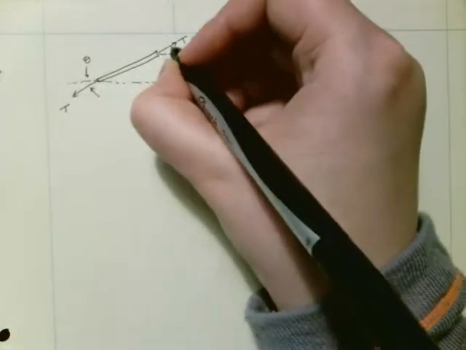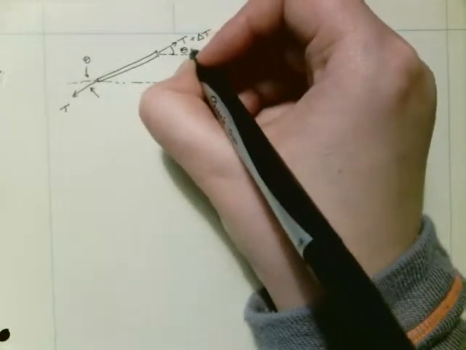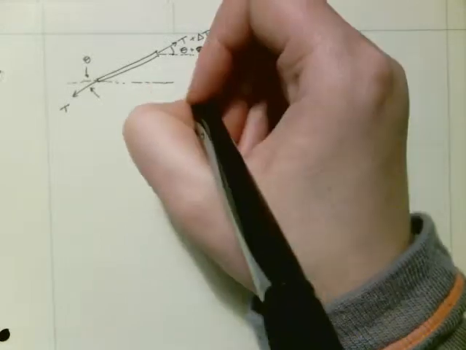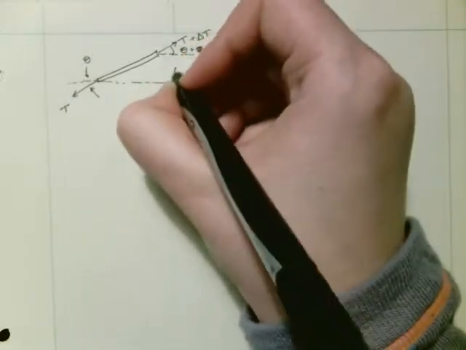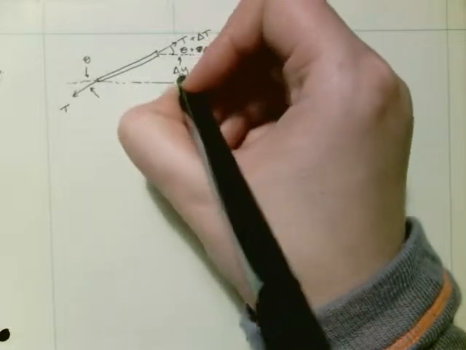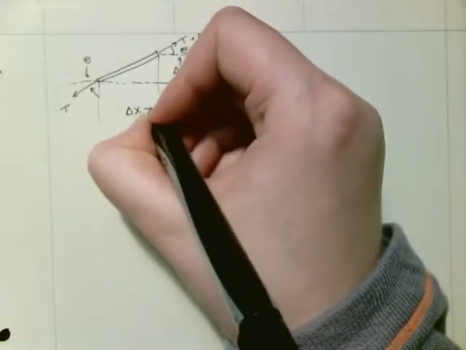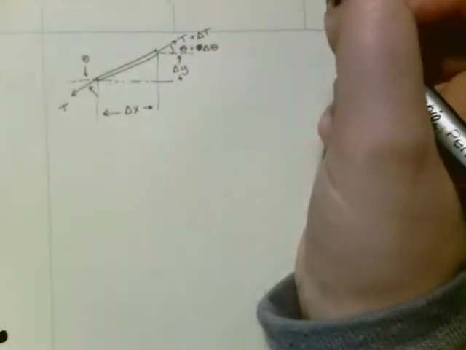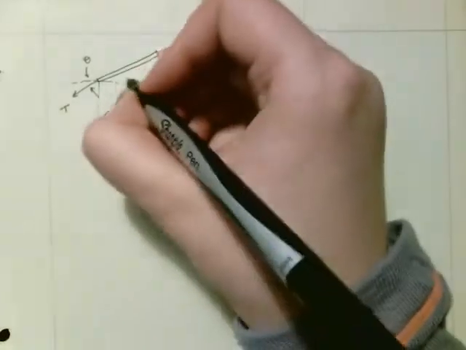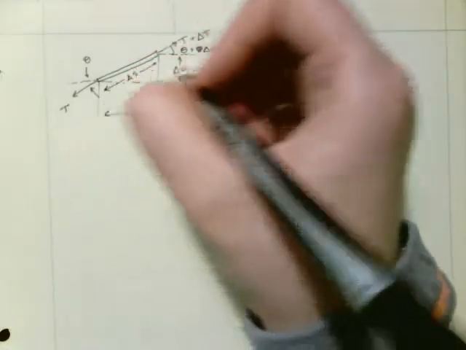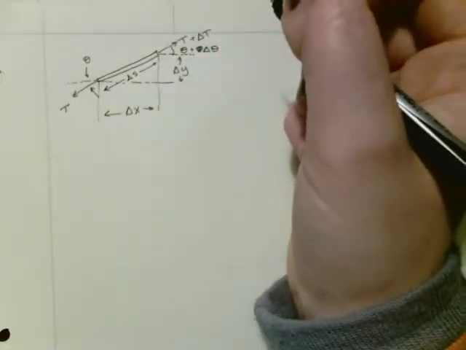And with its horizontal, that would happen at theta plus delta theta. This height difference would be delta y. This segment is delta x, which is just a snippet of the last diagram. Then this entire length is called delta s. So the length of the cable is delta s.